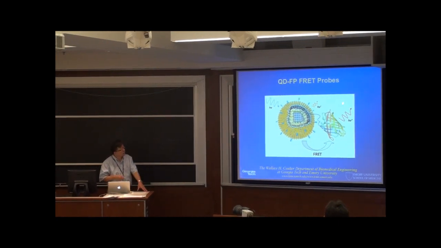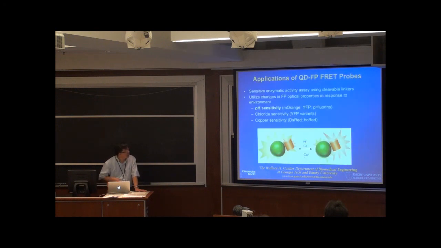The other purpose is that you could have part of the linker as a substrate of a specific enzyme. Then in that case, if you do have enzymes, the enzyme would cleave the linker, the fluorescent proteins would go away, and you will eliminate the FRET signal. So in that case, you really have an enzymatic activity assay, which is essentially the first application, that is, to have an assay to quantify enzymatic activity.